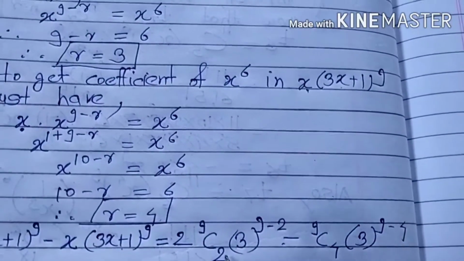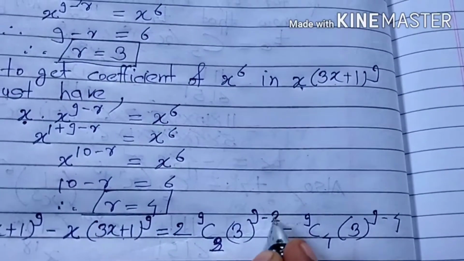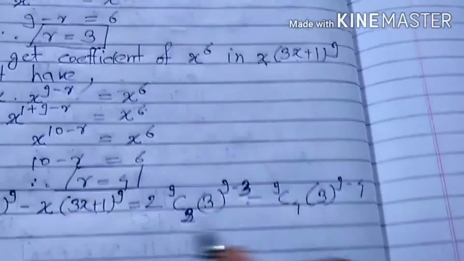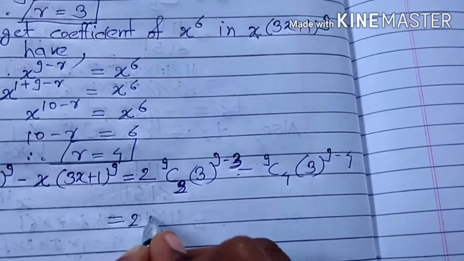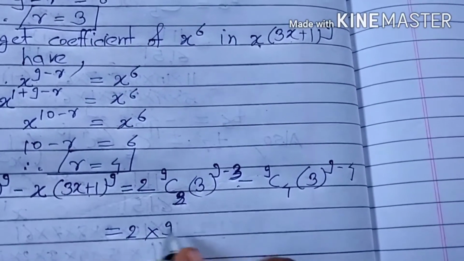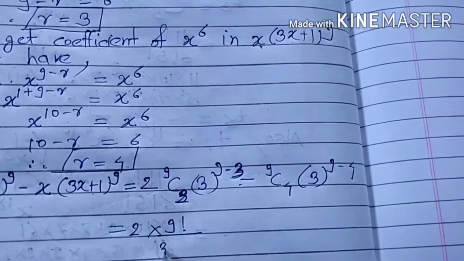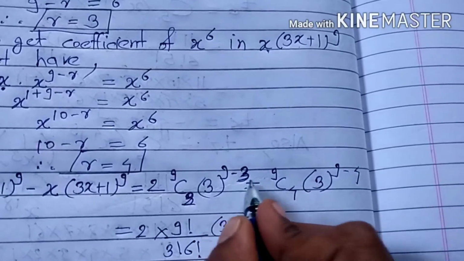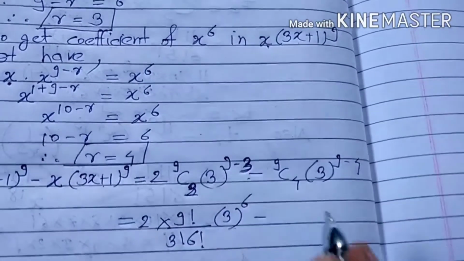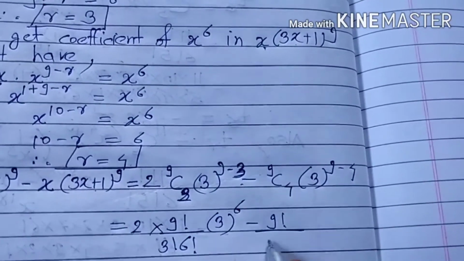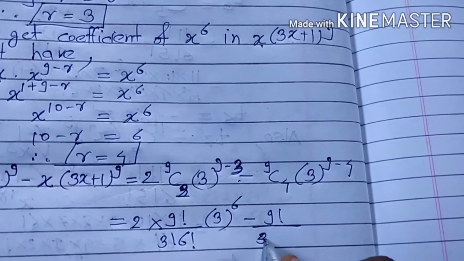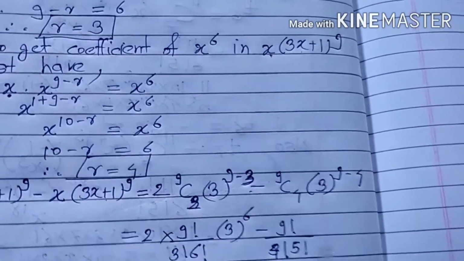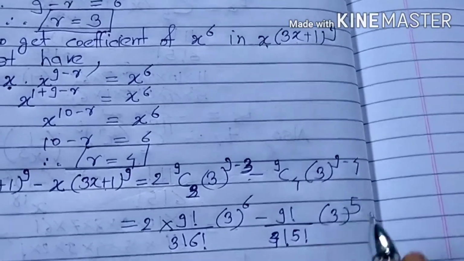Sorry, here by mistake it is 9C3, here also 9C3. So 2 into 9C3, 9 factorial upon 3 factorial into 6 factorial, and this is 3 raised to 9 minus 3 is 6, minus 9 factorial upon 4 factorial into 5 factorial, and here 3 raised to 5.